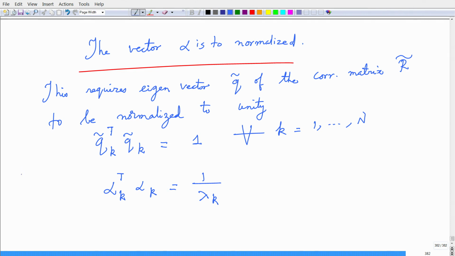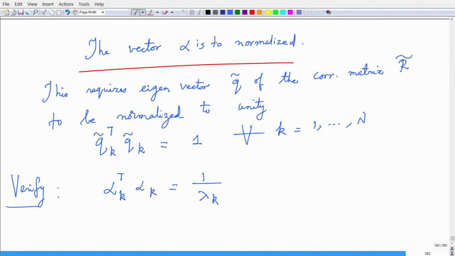I would leave this as an exercise, and this verification you can do from this normality condition that you want to bring in for this vector q tilde k. So, this sort of completes the details that we require for the kernel PCA algorithm.